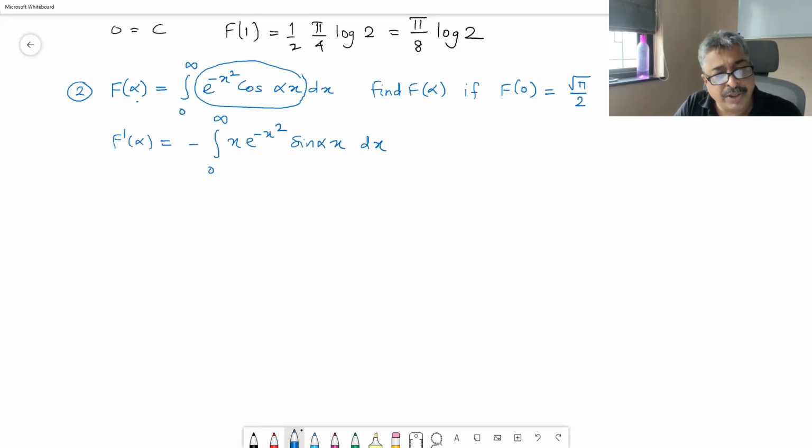Now we need to deal with this integral. Therefore, this is integration by parts. Okay, and in which u into integral.